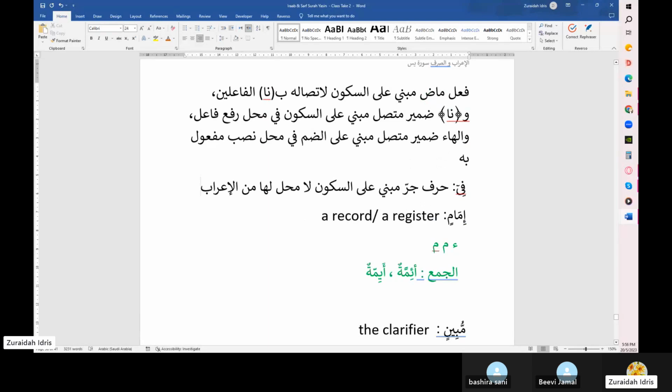And it's followed by, just a word here. I'm not sure whether this is the right plural for it, because in this case imam is actually a record or a register. It's not the person who leads. It is said that this imam is not just a normal book, it's a huge, big book.